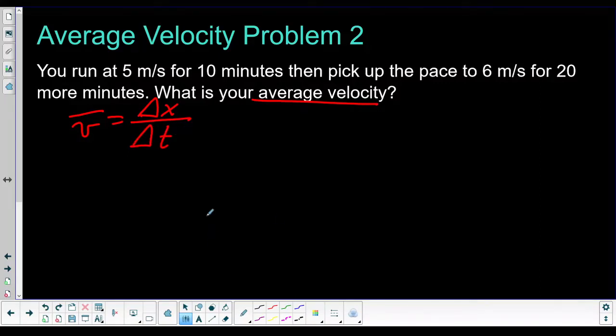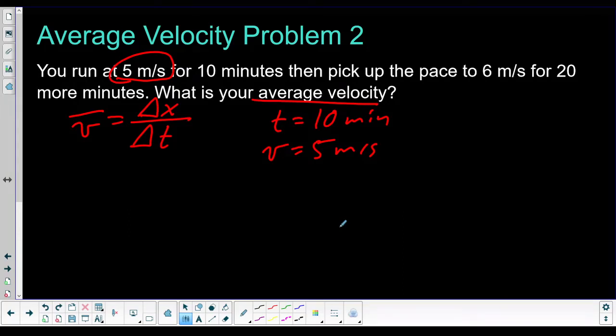Okay. Let's read this again. 5 meters per second for 10 minutes. Okay, I'm with you on this one. Time equals 10 minutes. This is a velocity though. This is not a displacement. All right, let's write it down anyway. Velocity equals 5 meters per second.